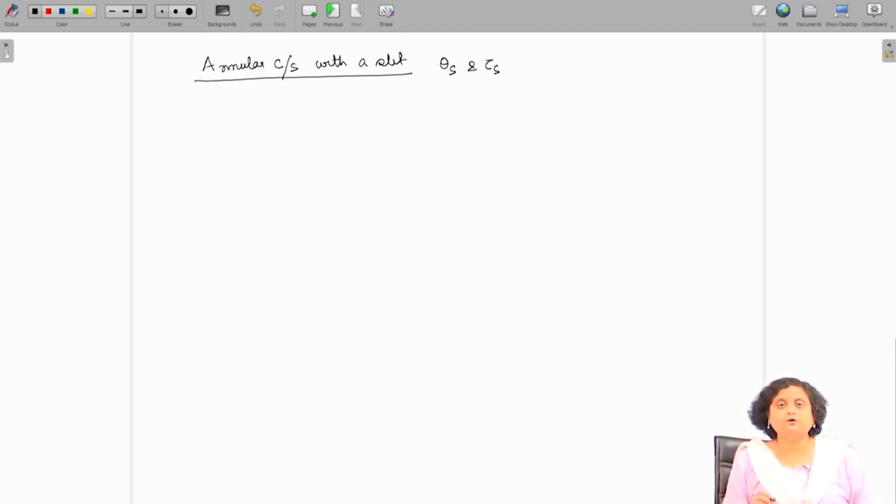It is not a closed cross section. Therefore, we can use the formula that we have derived for thin walled open cross sections directly here.